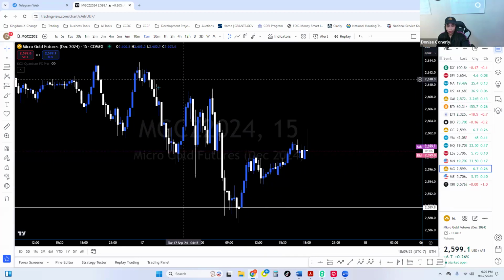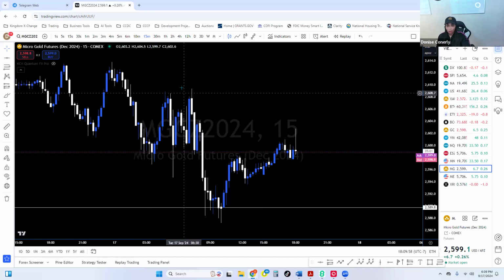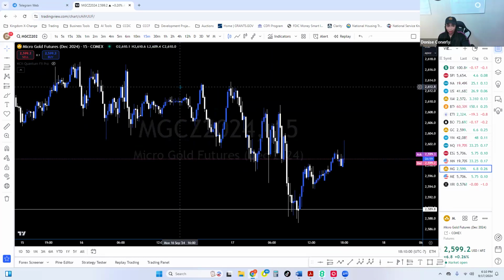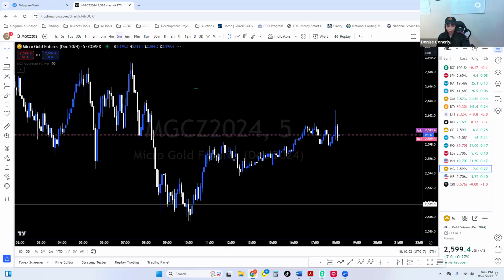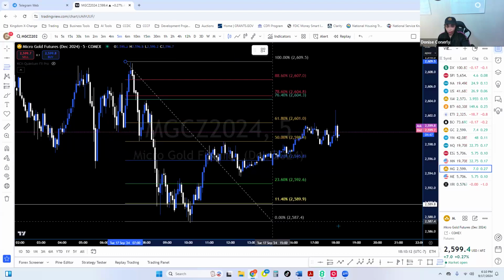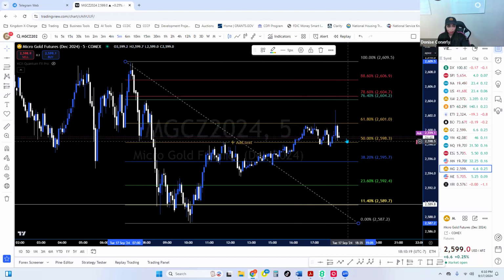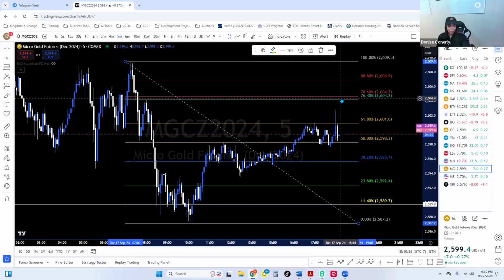Even if you didn't do the 50%, I'm gonna go off of this last swing high to swing low with the fib. I'm gonna go down to the 5 minutes so it makes sense. We can see that it's rejecting right in the golden zone, the 50 to 61.8. It's about to come back out of the golden zone, which is an indication that it's usually not going to break higher.